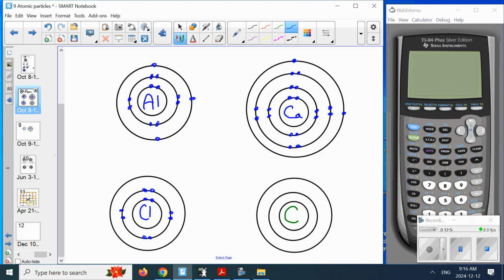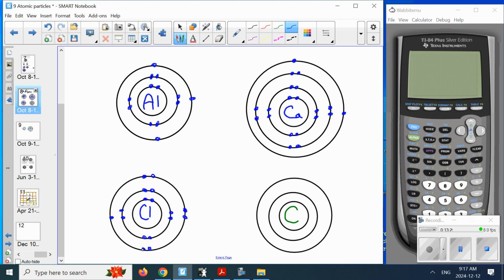So we need 7 on the outer ring. Start doubling up: 5, 6, 7. It has 1 single. That means when it forms compounds, it wants to do one thing with this single. Singles are lonely. Single cheeseburgers are just sad. They want to meet. Same with single electrons.